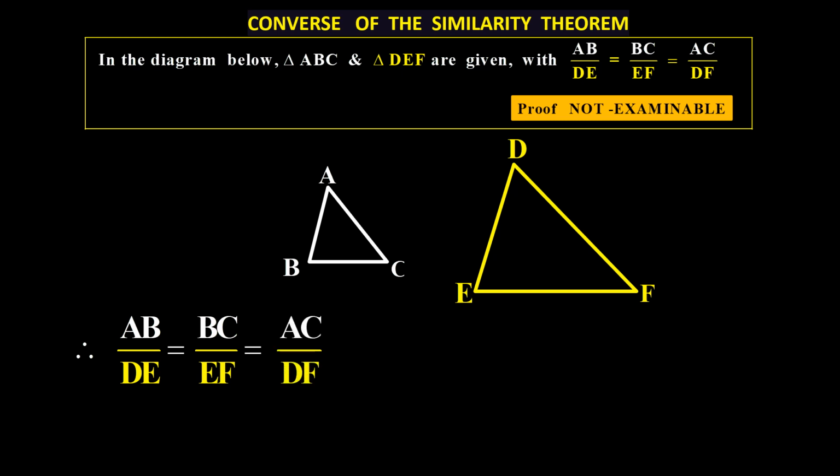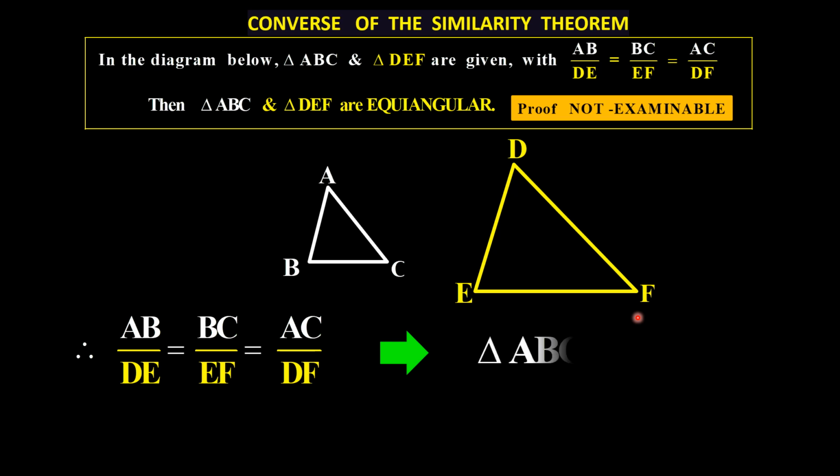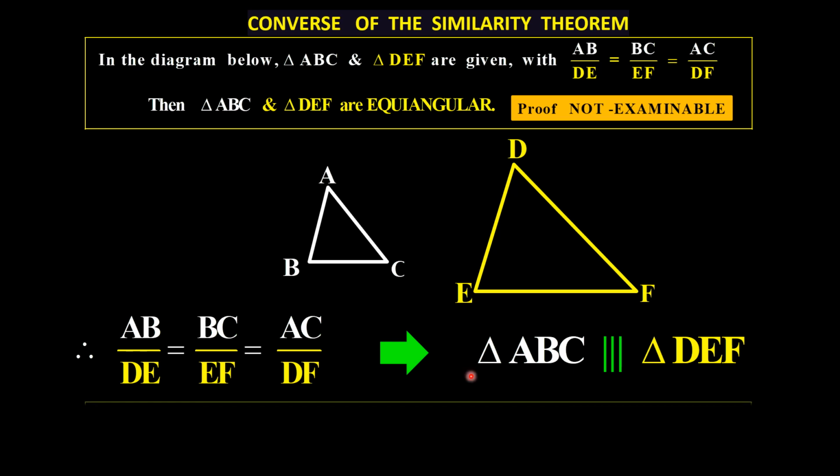So we are given the corresponding sides are in proportion. That's just what is given, right? AB over DE is the same as BC over EF, is the same as AC over DF. Now if we have that, that would imply that the two triangles are equiangular. In other words, triangle ABC will then be similar to triangle DEF.